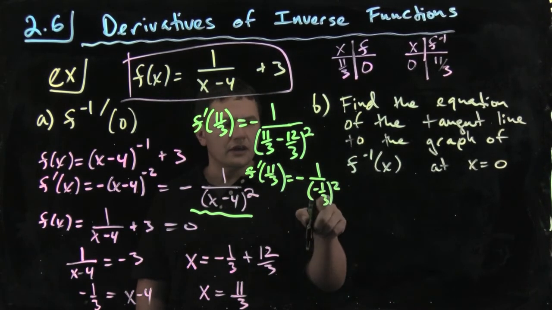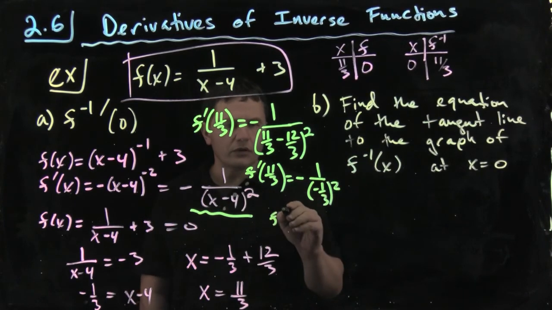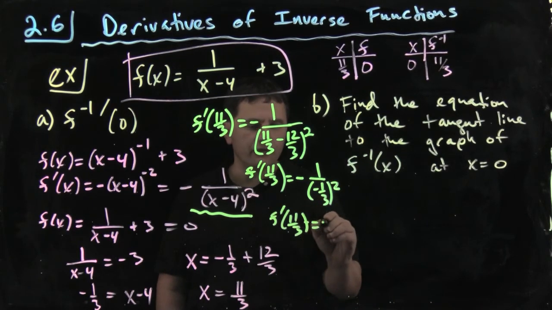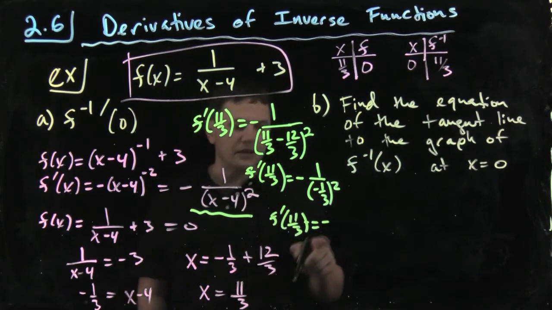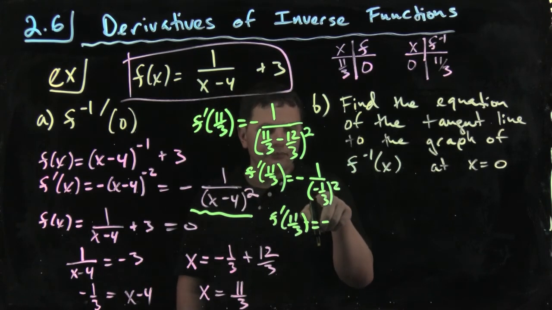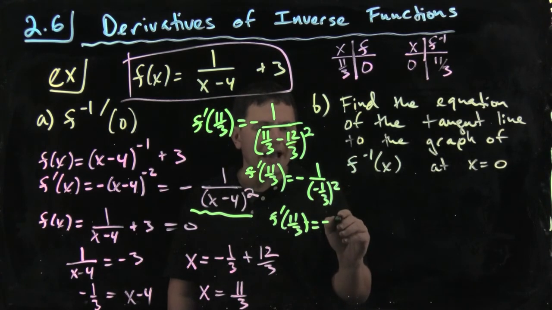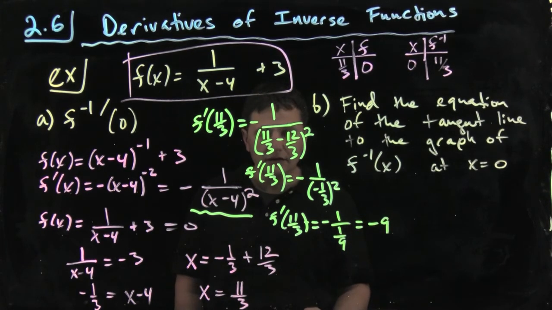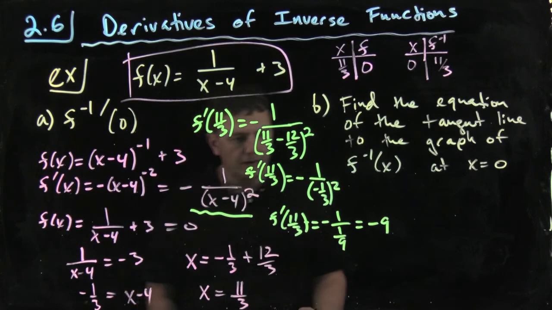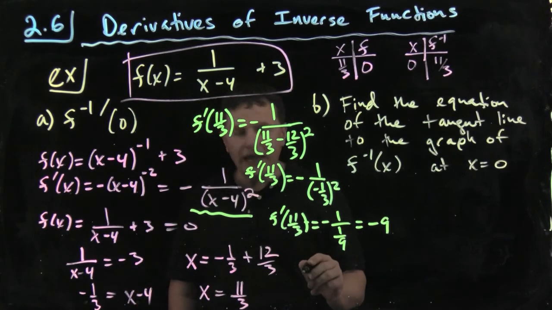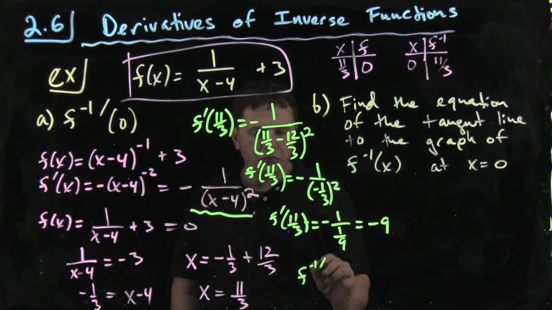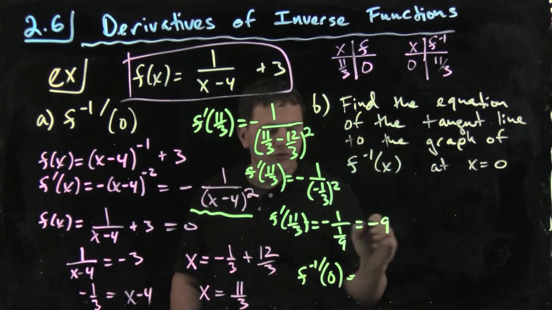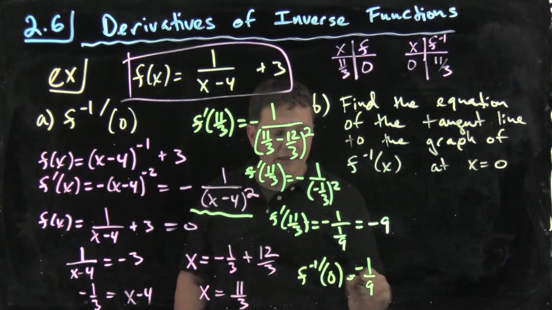So this is going to equal, that's going to be positive, so this will be negative. And I'm going to end up getting 1 over 1/9. So 1 over 1/9 means that this can equal negative 9. Okay, I'm really filling up the space here. So now what I know then is I know that f inverse prime of 0 is equal to reciprocal of this, which is negative 1/9.